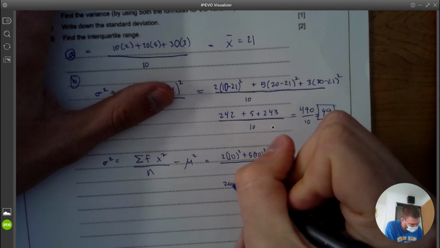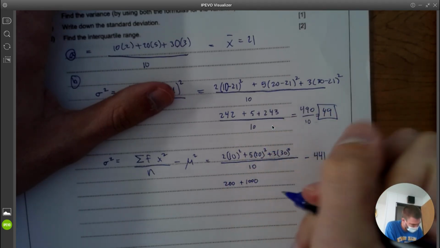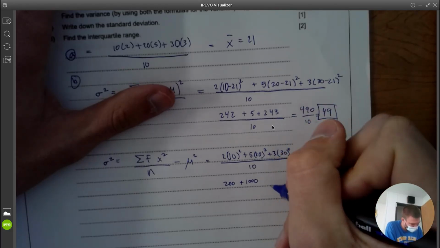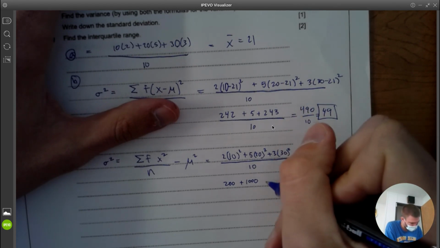That's going to be 200 plus 1,000. Oh God, plus 1,000. What is going on? 30 squared is 900 times 3.